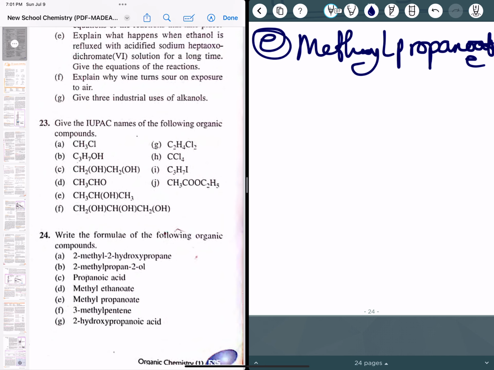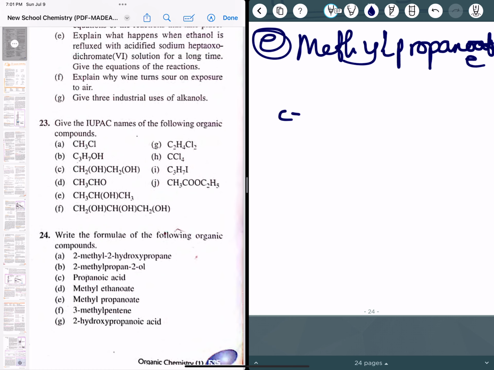Let me clean it and rewrite. Methylpropanoate. So here too, all I need is to identify the main part of the compound. The main part of the compound is the propanoate from propanoic acid.